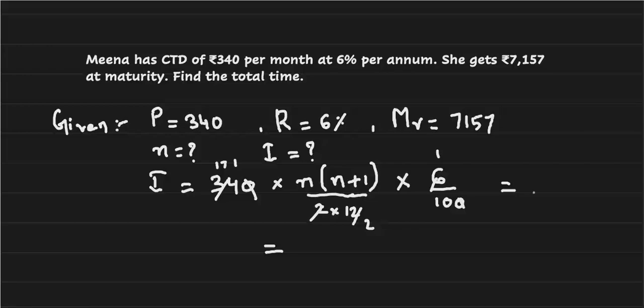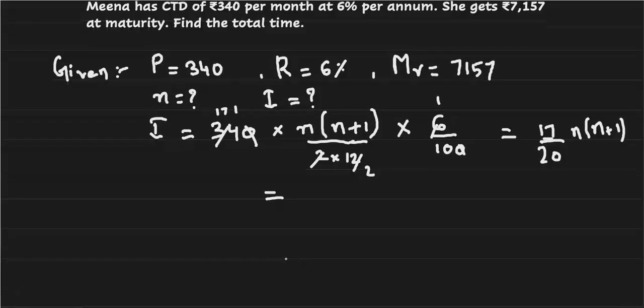What is remaining here? 17 divided by 20 multiplied by n into n plus 1. This is something which is equal to I here.